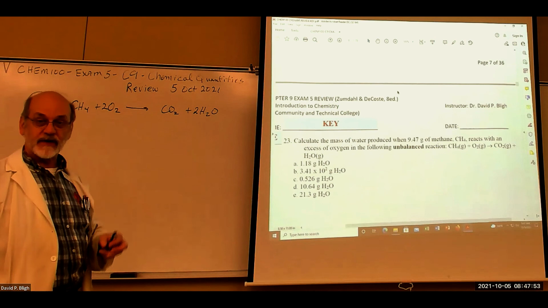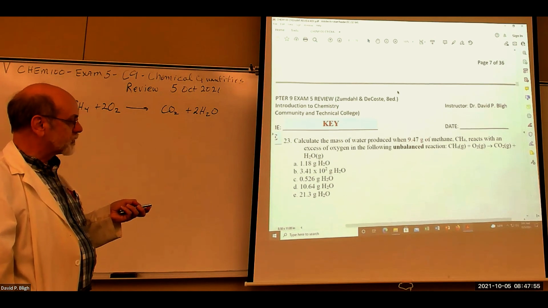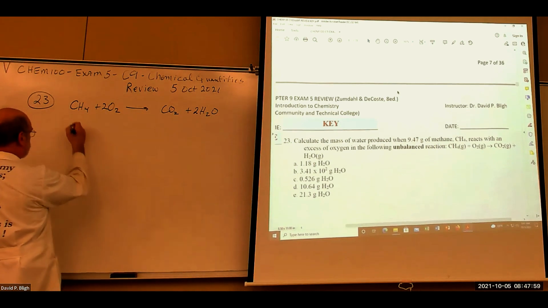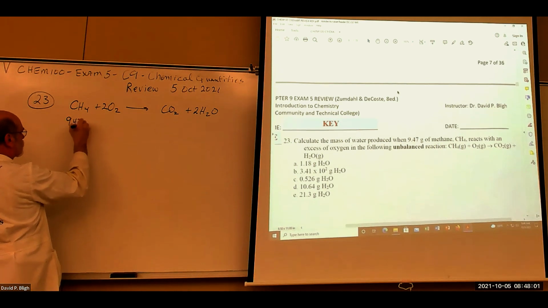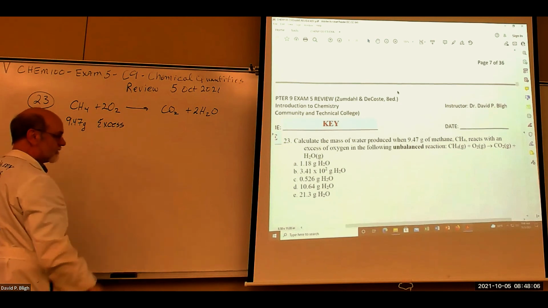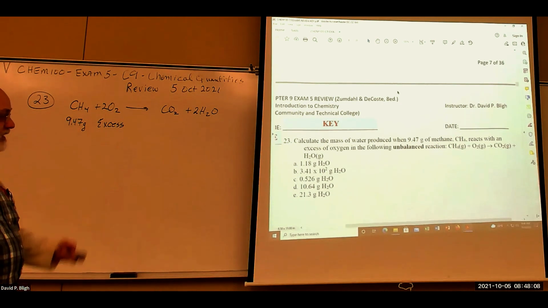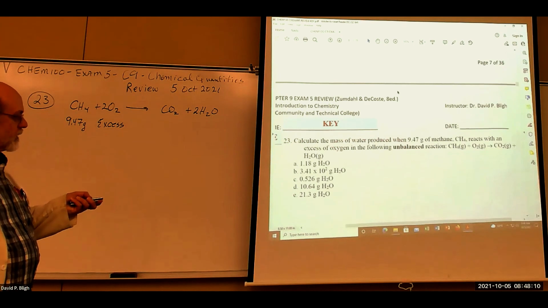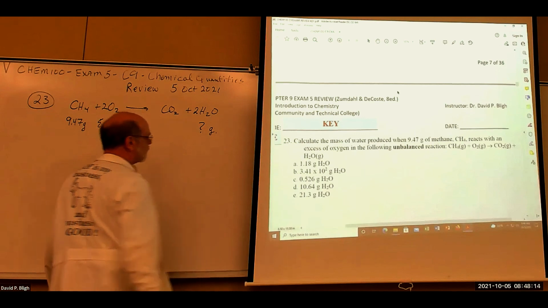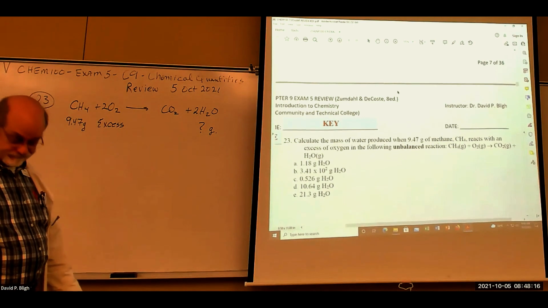Now we can put in the information that's given. 9.47 grams of methane and an excess of oxygen. 9.47 grams. This is excess. Okay. Now the question is the mass of water. So we want to know what's the mass of that water.